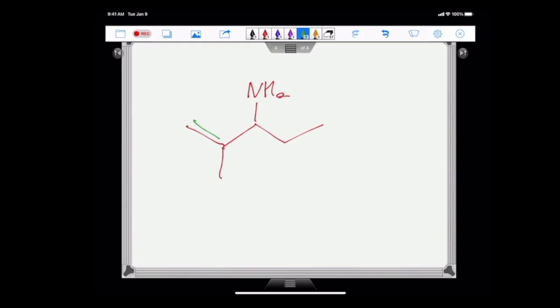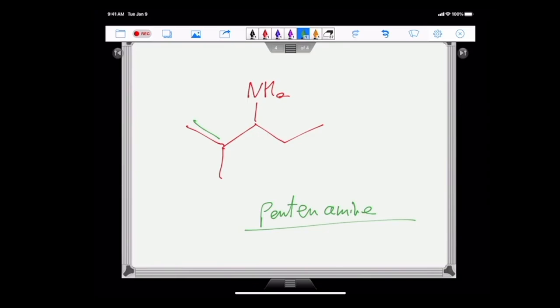Okay, longest carbon chain is still pent. It's not a pentane anymore. It's now a pentene, right? But it's not just a pentene. This is a pentene amine. The infix changes accordingly. And it's not just a pentenamine.